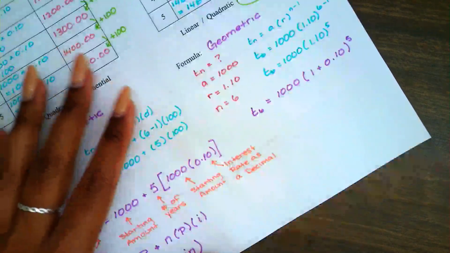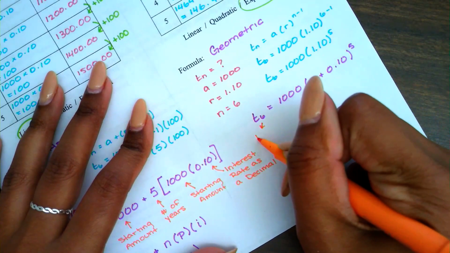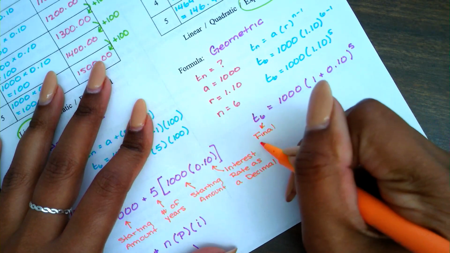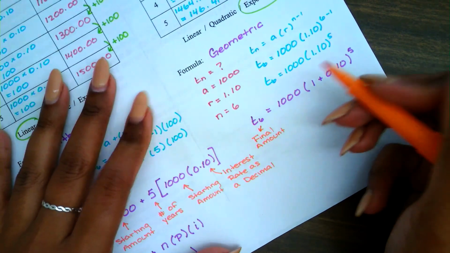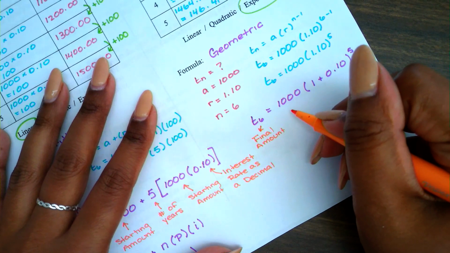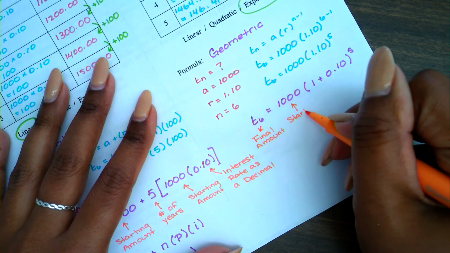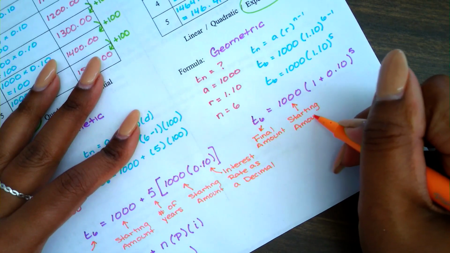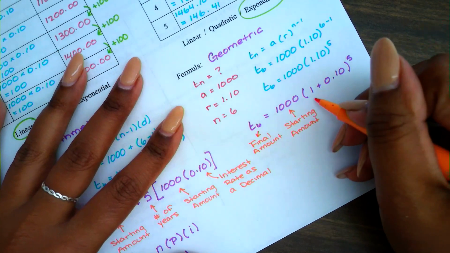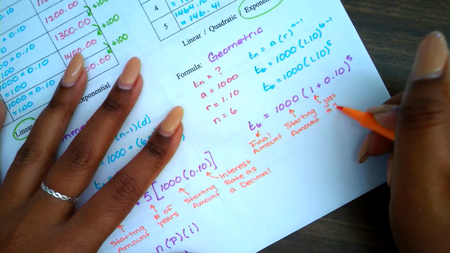So let's pull this apart just like how we did here. So this is my final amount. The 1,000 is my starting amount. This is quite literally just a 1.